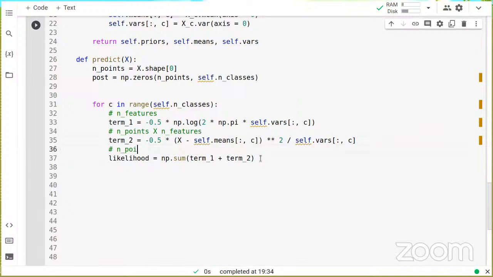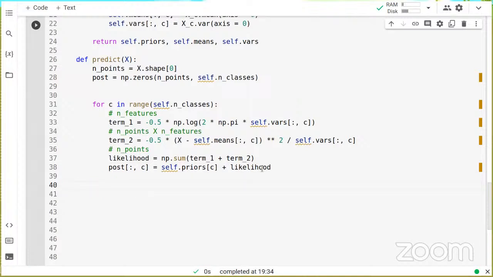So this will have shape n points. Ideally, this should be just n points. Now this is the likelihood for class C, right? If I add the priors for this class plus this likelihood, I will get the posterior for class C for all the points, which I can then return.